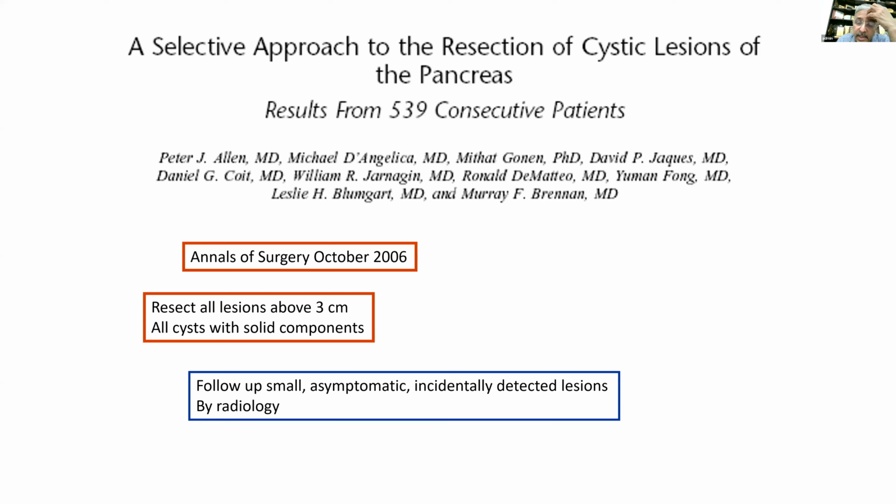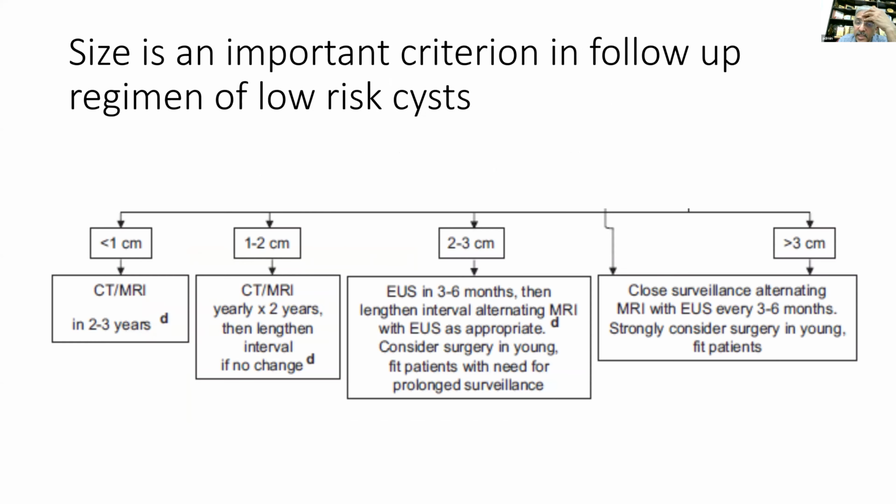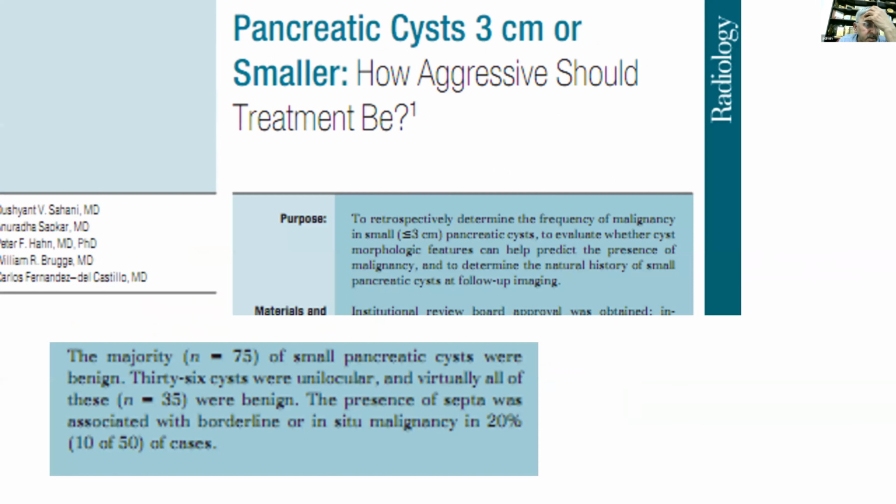And that's also a criterion for how frequently you would do surveillance on these patients, as to whether the lesion is large or small, under the 3 centimeter mark. What about the smaller ones? I have a problem because this paper, again from the Mass General Hospital in Boston, suggests that 20% of cases in the small group, cysts smaller than 3 centimeters, had borderline or in situ malignancy.